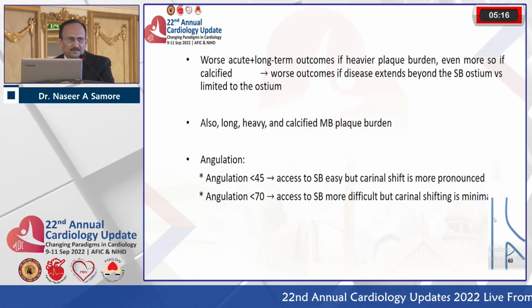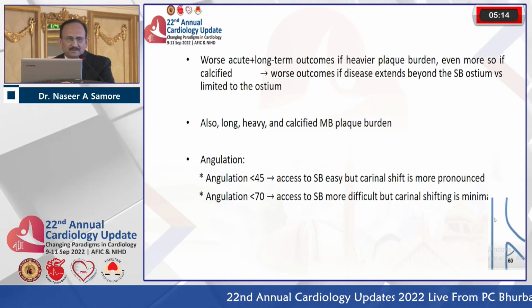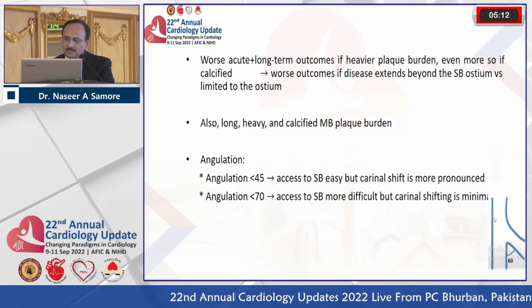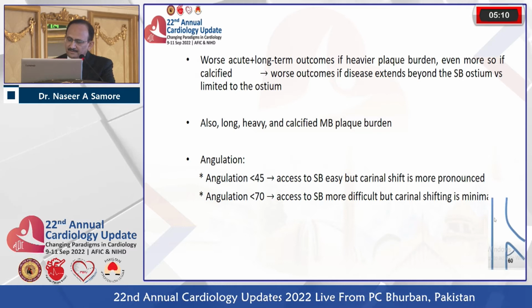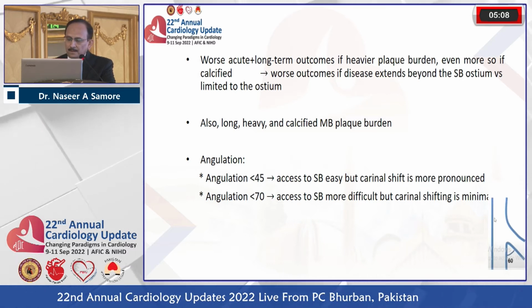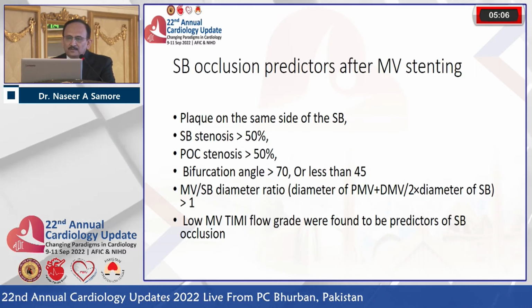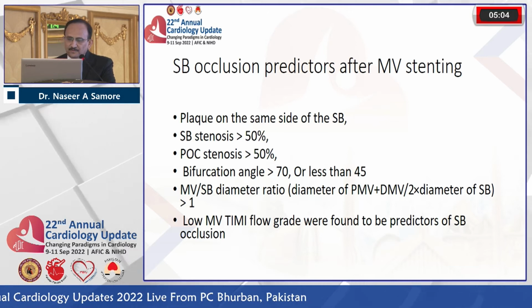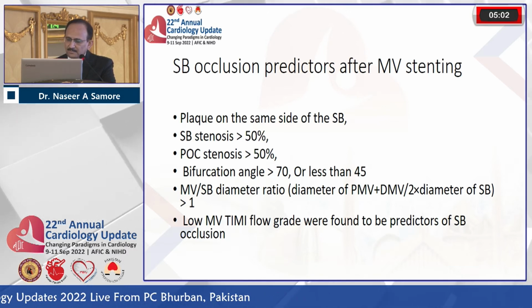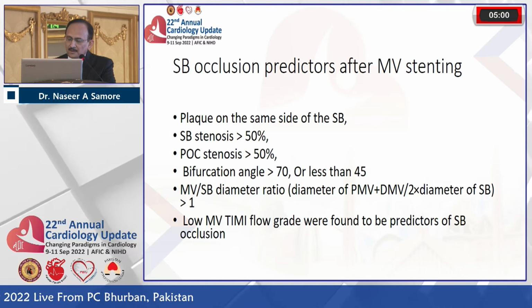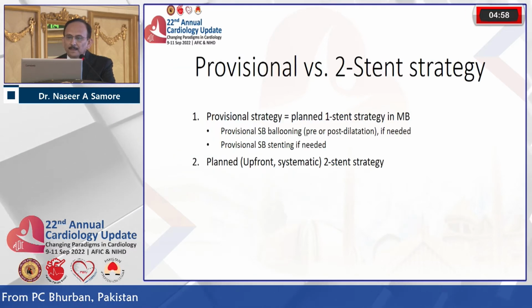Whereas if the angulation is more than 70 degrees, there is less carinal shift, but it is more difficult to re-access these branches. Now these are the different predictors which we have already discussed. They predict the occlusion of the side branch.